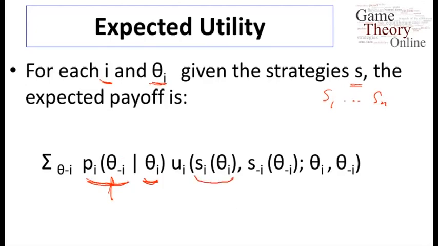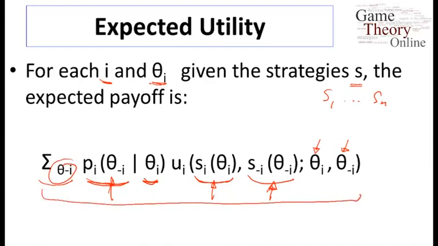Then we can say, this is what they are planning to play in the game as a function of their type. This is what they expect the other players to be playing as a function of the strategies of the other players. Their payoff can depend on the types. And in terms of taking expectations, they're just going to sum over all the possible θ_{-i}'s, all the possible types that other players could have. This gives us an overall expected utility if these strategies are being played and the players are of a given type in this game.